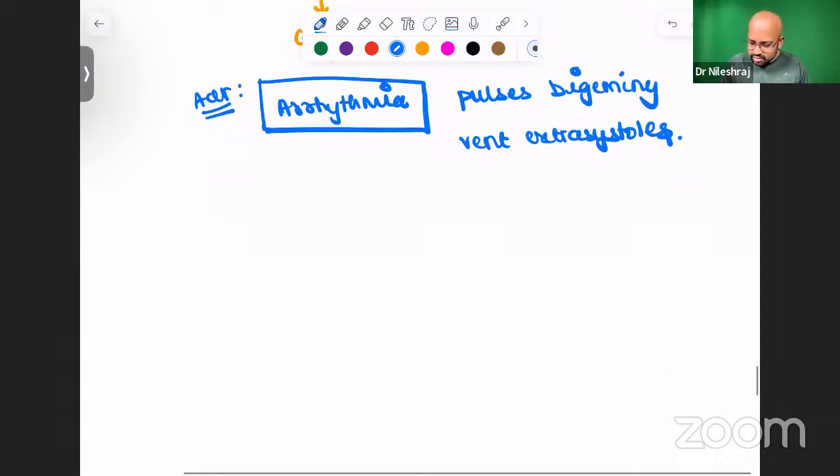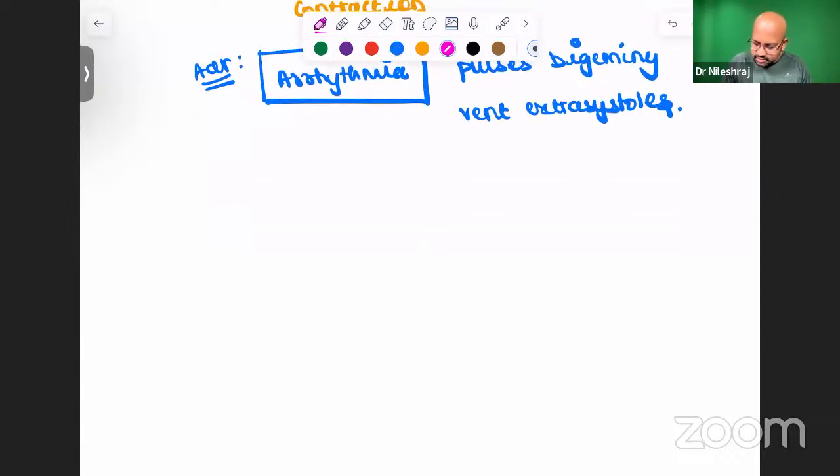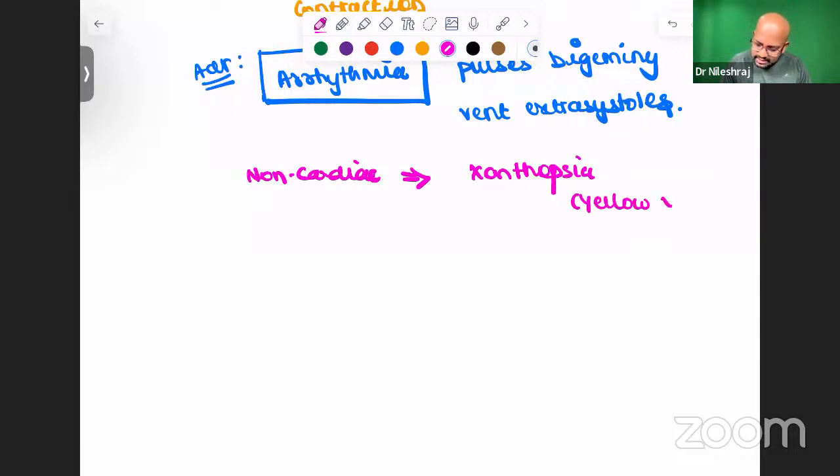Apart from that, it also produces non-cardiac adverse drug effects, like xanthopsia. Xanthopsia means yellow vision, buddy. Why?